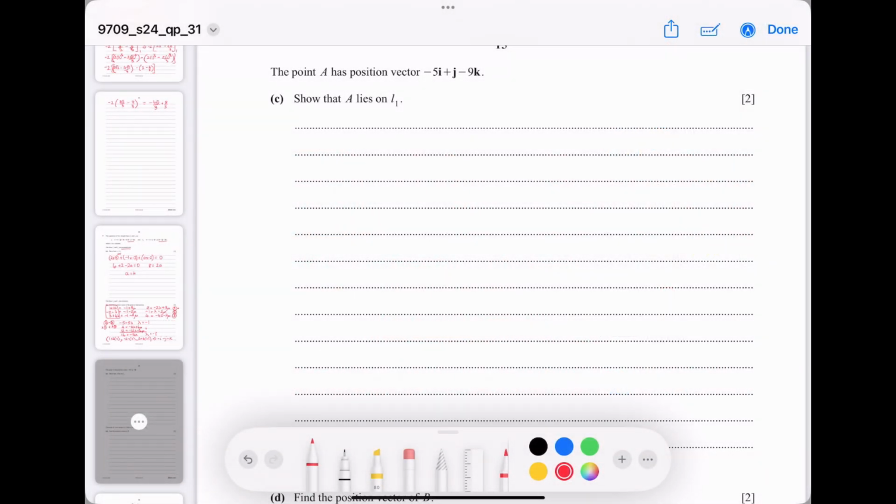Part C, the point A has position vector negative 5i plus j minus 9k. Show that it lies on L1. So looking at L1, that's r is equal to i minus 2j plus 3k plus lambda times 2i minus j plus 4k.